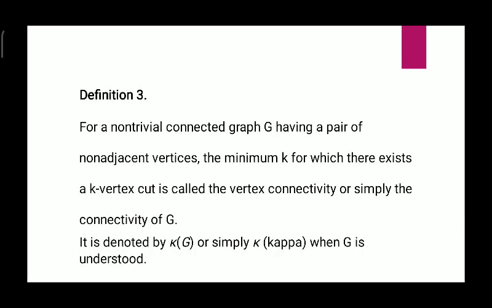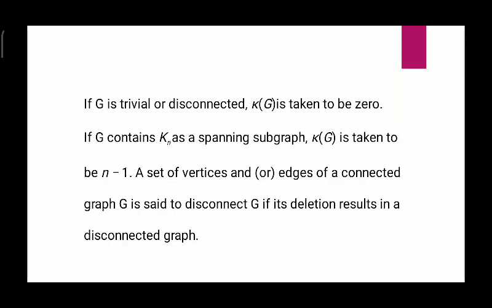Now we'll move to the definition. For a non-trivial connected graph G having a pair of non-adjacent vertices, the minimum k for which there exists a k vertex cut is called the vertex connectivity, or simply the connectivity of G. It is denoted by K of G, or kappa.